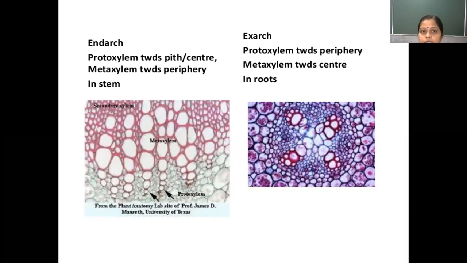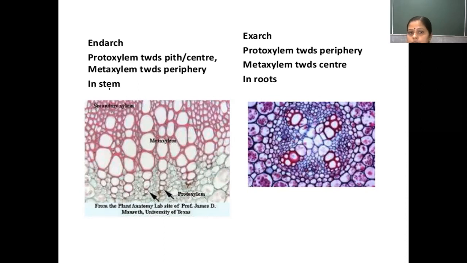What is endarch? Protoxylem is towards the pith or center, whereas metaxylem is towards the periphery. Such an arrangement of xylem elements is called endarch xylem, and we can see it inside the stem.